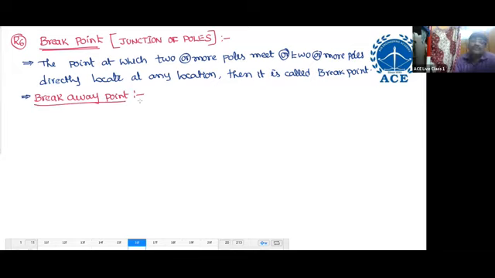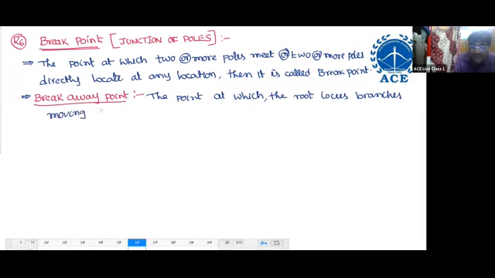The point at which the root locus branches move away from the point is called the breakaway point.